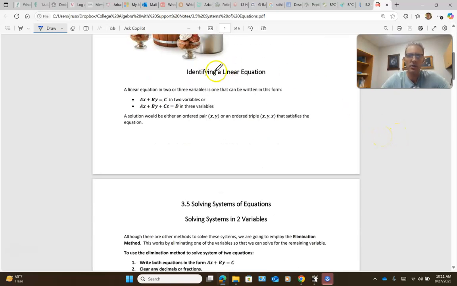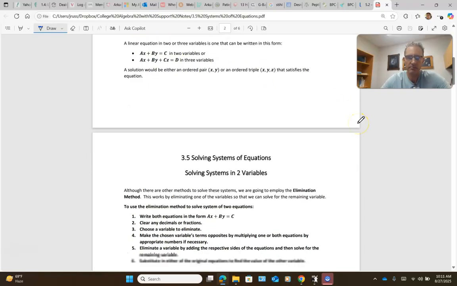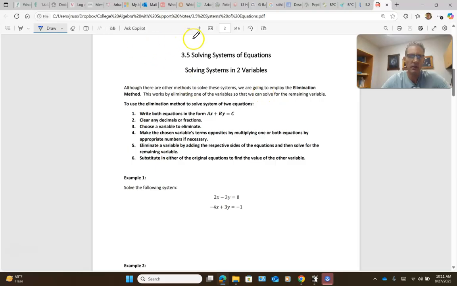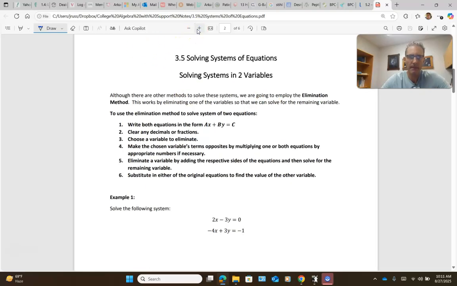All right, so we're going to start with a system of two equations and two variables. Okay. All right, so the first thing, we're going to use what's called the elimination method to do this. And I'll illustrate this below in a minute. So first, number one, we want to write both equations in this form. Okay.